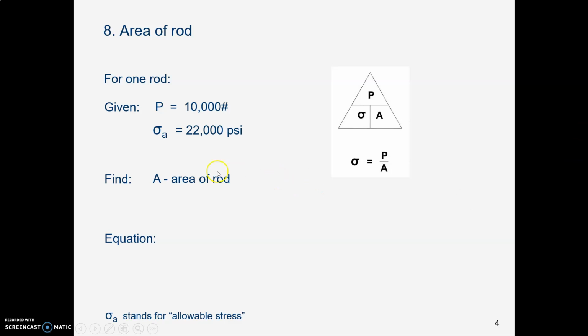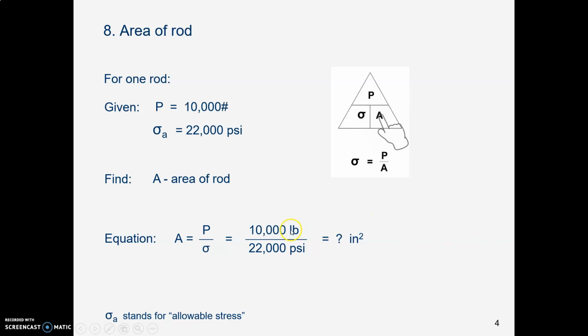And we need to find the area of one rod. So what form of the equation do we need? By now you're probably familiar with this. We'll cover up the A. That means the form that we need is force over stress. Area is force over stress.